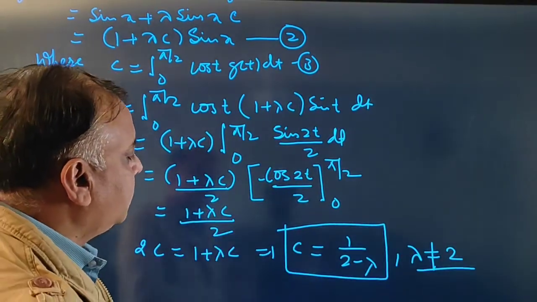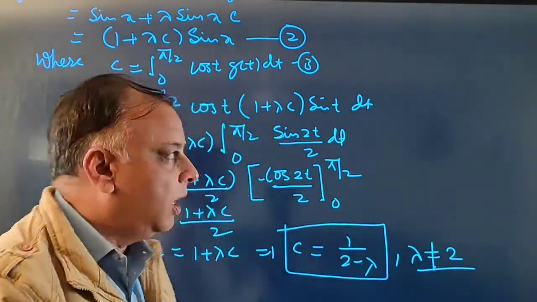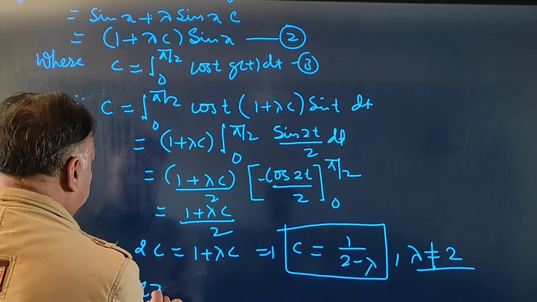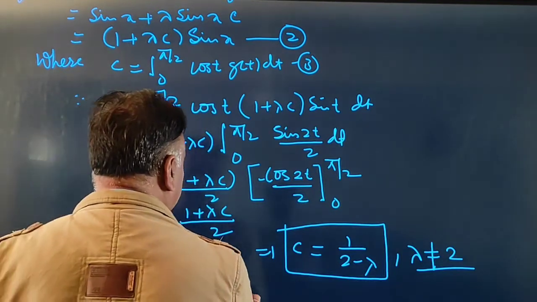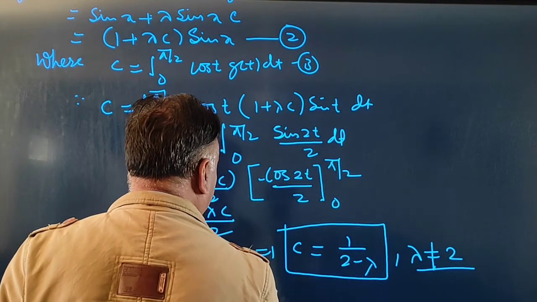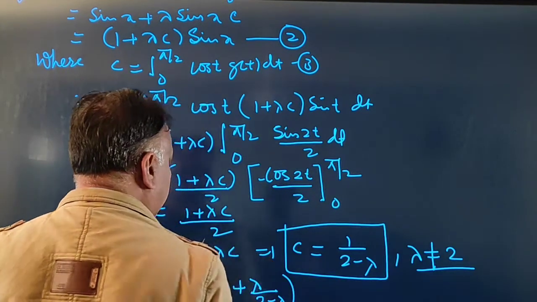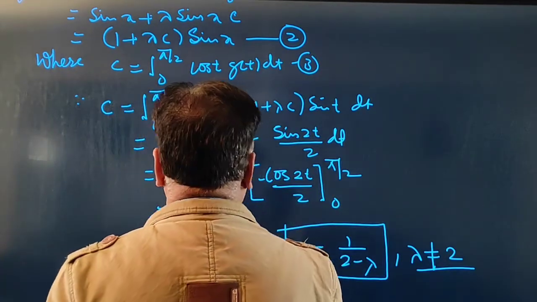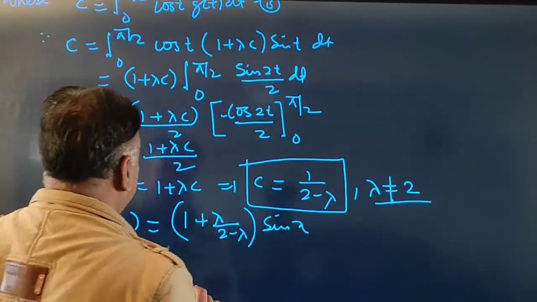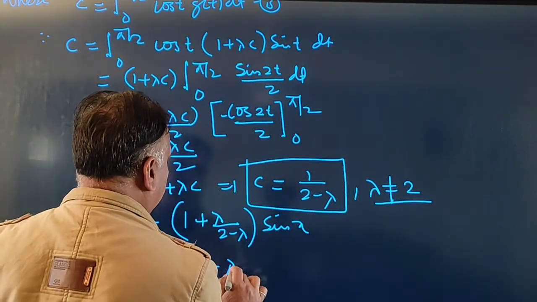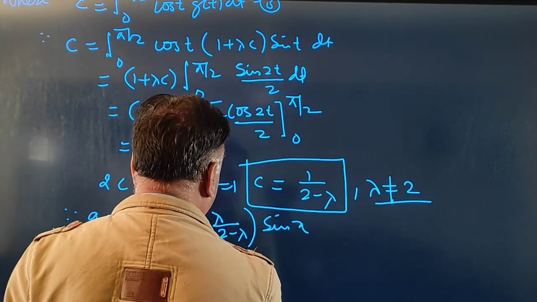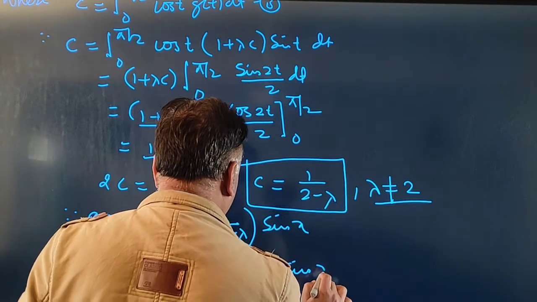Now if we put the value of c as 1 upon 2 minus lambda, we get the required solution. g(x) = (1 plus lambda c) sin x, with c = 1 upon 2 minus lambda. We can write this as (2 minus lambda plus lambda) upon (2 minus lambda) into sin x.